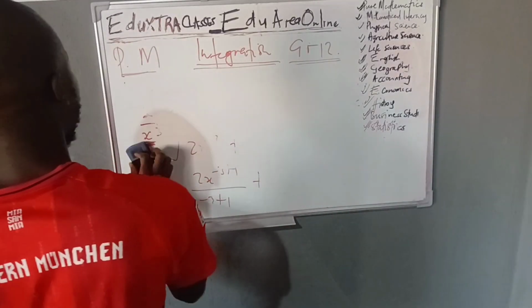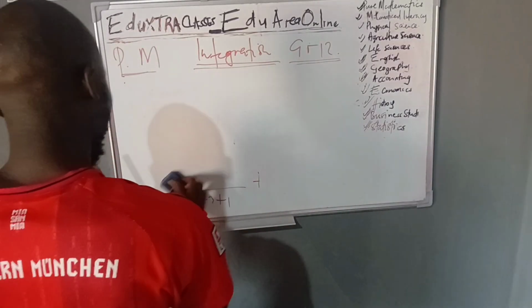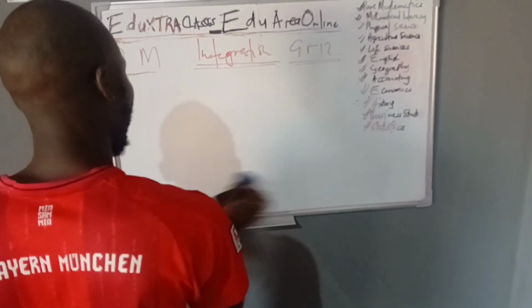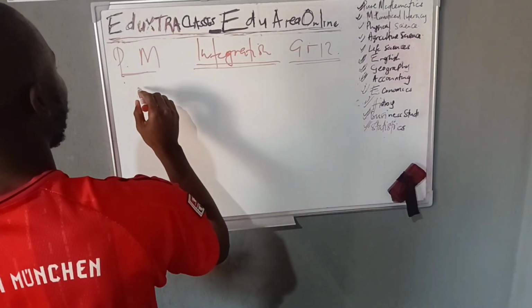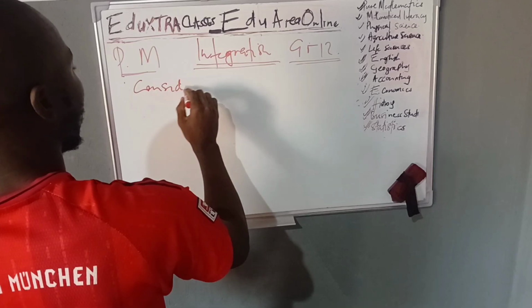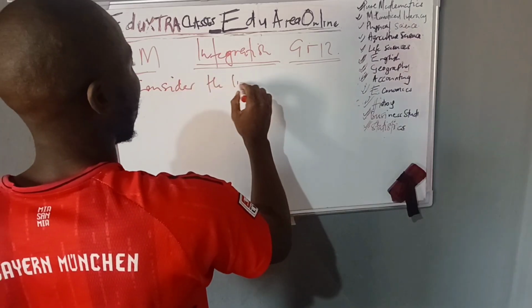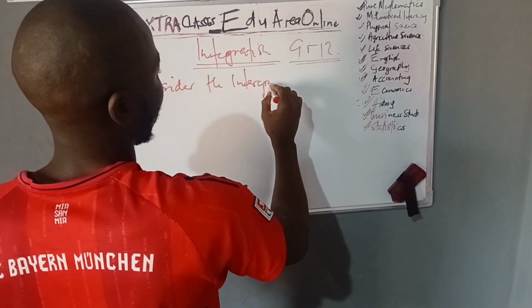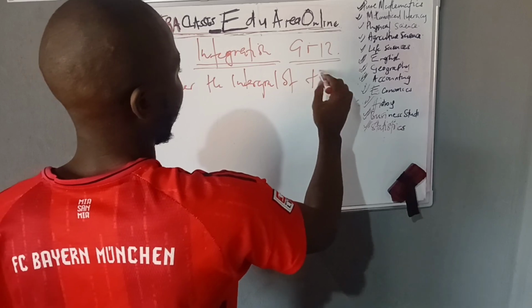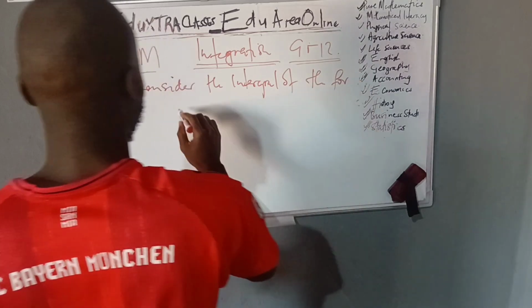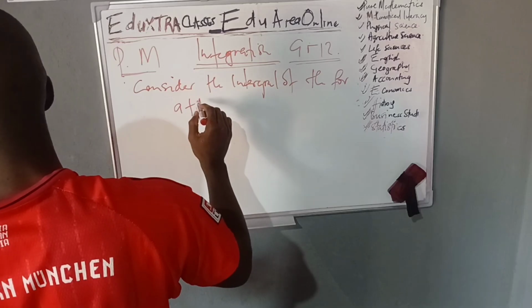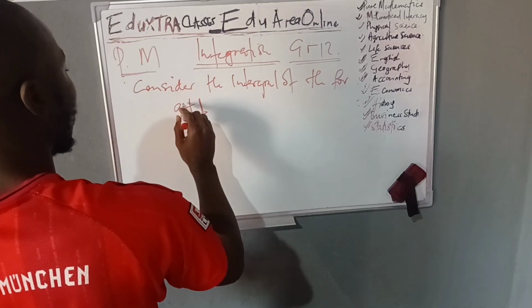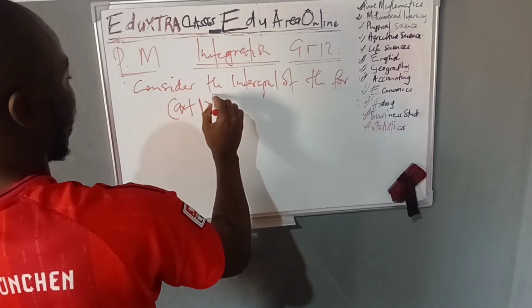Let's move to another part of the integral, which can be given in the form ax plus b to the power n.